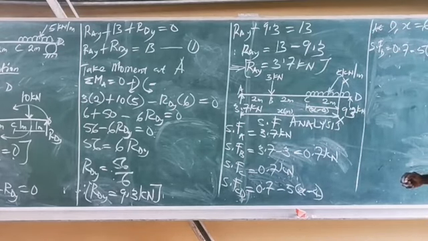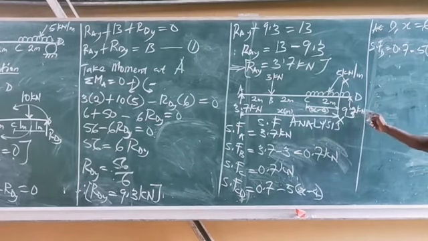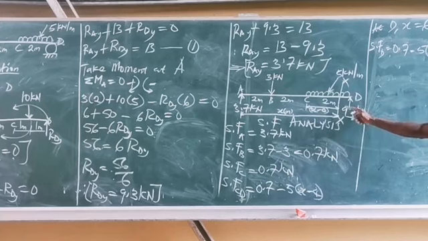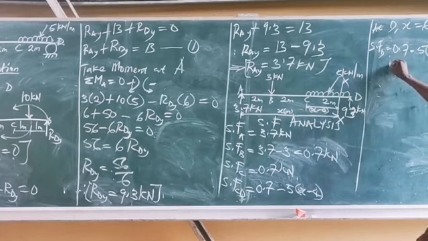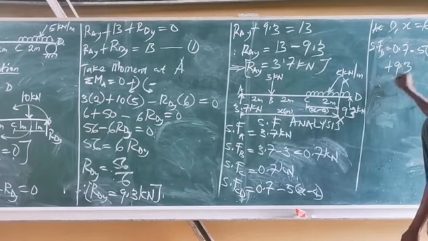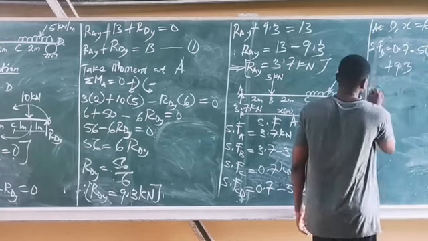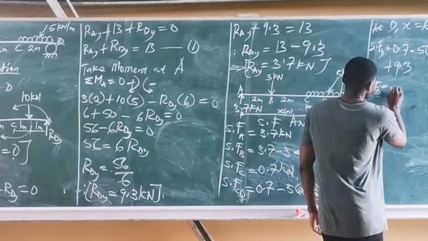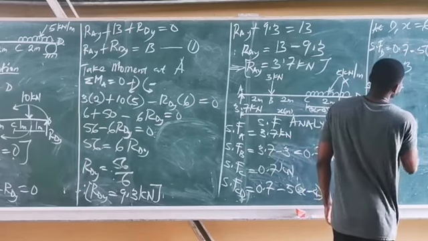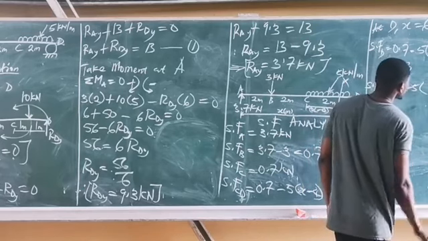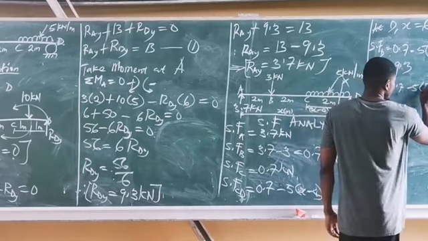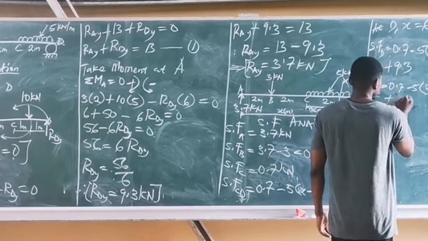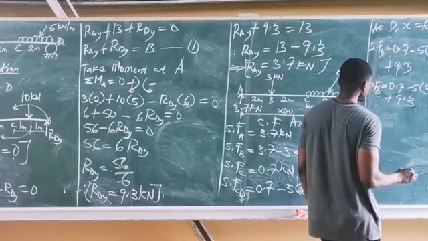Now also remember that at point D there is an upward force of 9.3 kilonewtons. So it's positive, plus 9.3. Alright, so shear force D is equal to 0.7 minus 5 into 6 minus 4 is 2, plus 9.3.